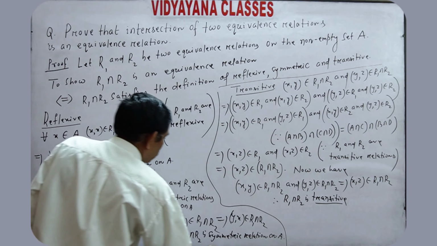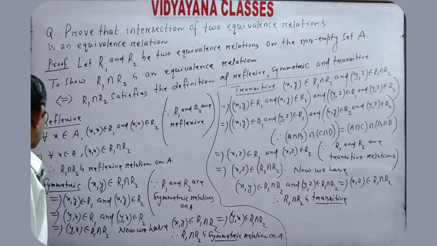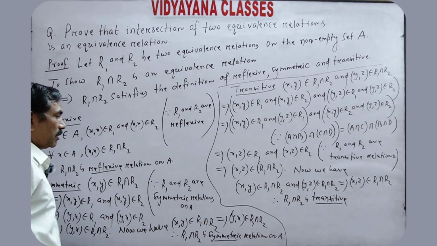R1 intersection R2 is symmetric. R1 intersection R2 is reflexive.